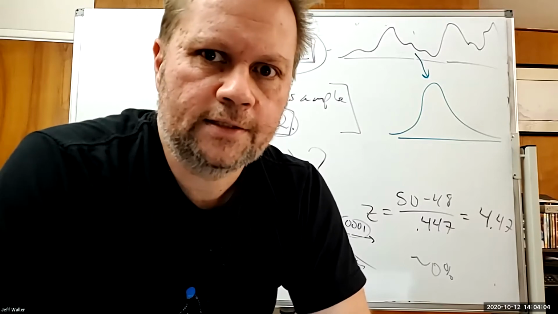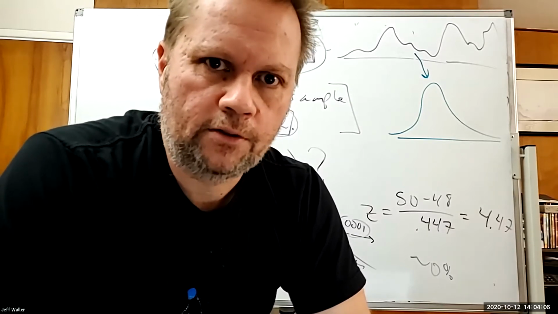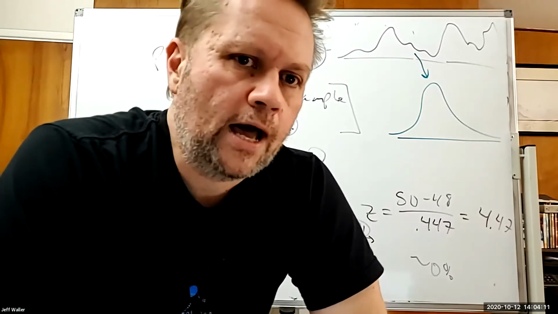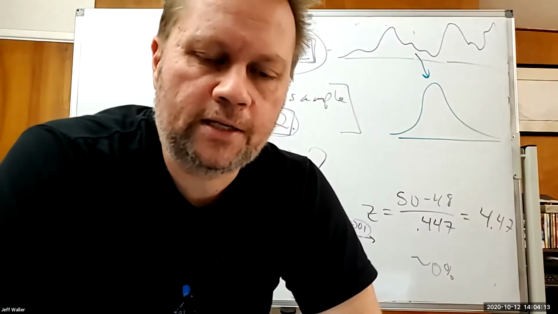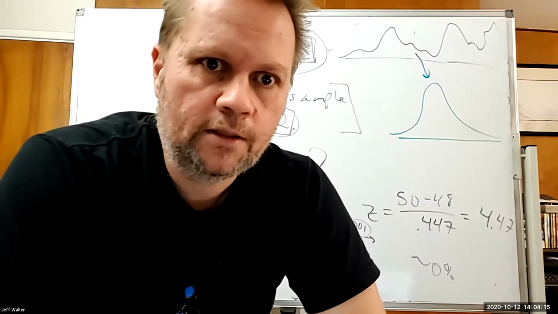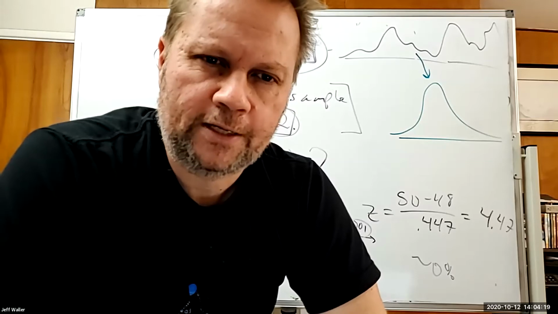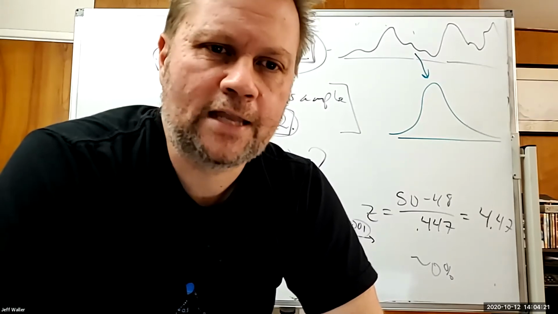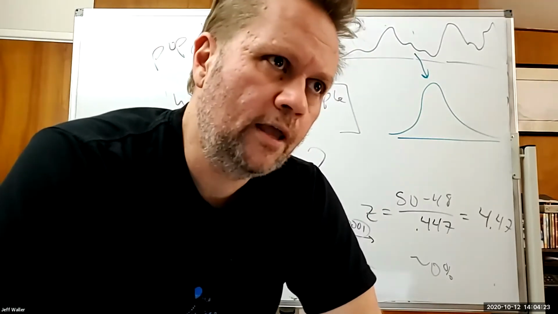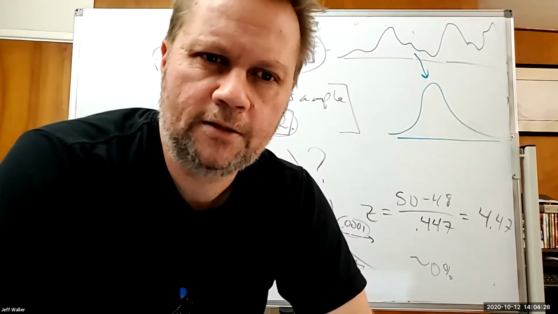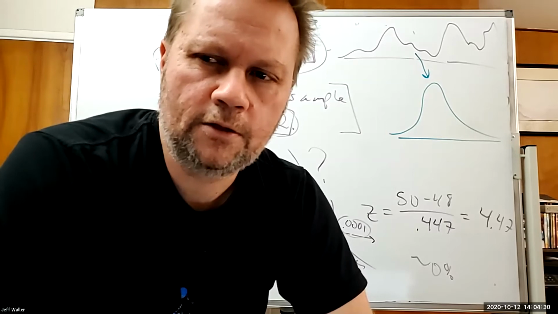In this class, we need n greater than 30 to be sure. If you take higher level stats or use statistics in the real world, there will be a way to determine what's an acceptable sample size. It doesn't have to be 30, based on how close to normal it already is. Does that make sense? Okay.